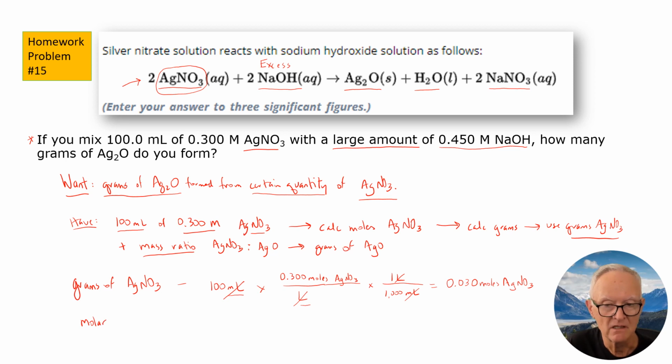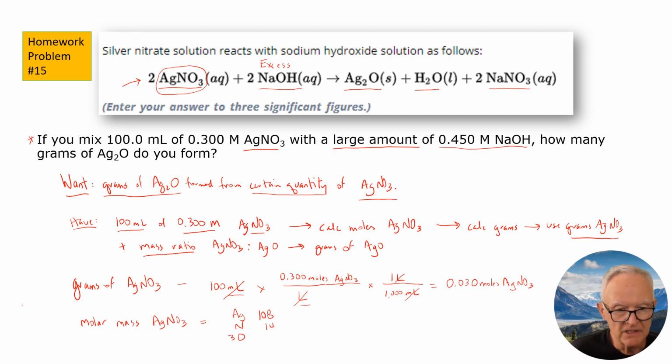All right, so now to get our grams, we just need the molar mass of silver nitrate. I keep saying sodium. Guess we're so used to looking at sodium this semester. So for our molar mass of silver nitrate, we have to add up the atomic weight of silver, 1 nitrogen, and 3 oxygens. If we look up the atomic weight, silver is 108.